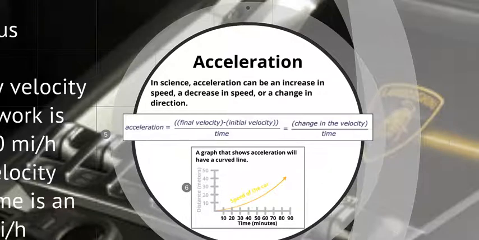Our last term is acceleration, and in science, acceleration can be an increase in speed, a decrease in speed, or a change in direction. So acceleration is the final velocity or final speed minus the initial velocity or initial speed, over time.